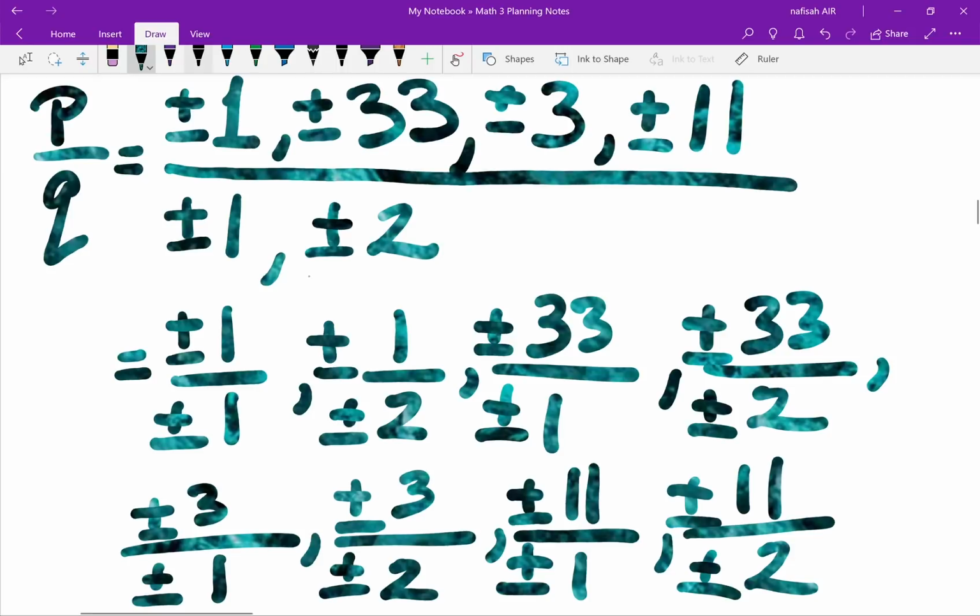Now, I'm going to have to simplify. 1 over 1 is 1, so I really just have plus or minus 1. This right here is plus or minus 1/2. This right here is just plus or minus 33.